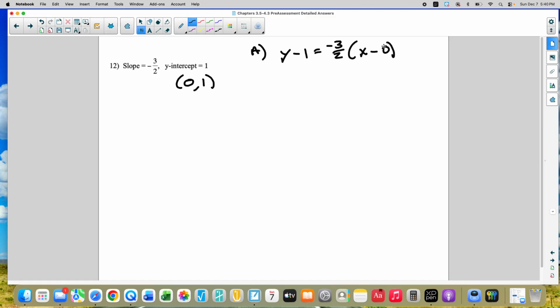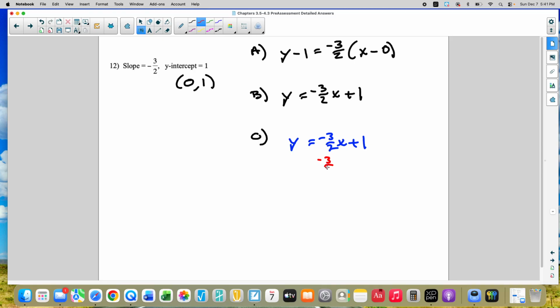You could have gone to this step, y equals -3/2 x plus 1. You could have found another point by plugging in an x, doing the T chart, finding out the y, and then using that as your point. But this is way easier. Don't overcomplicate it.